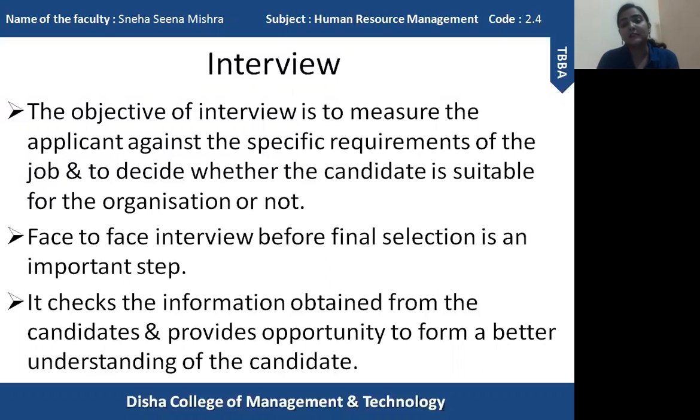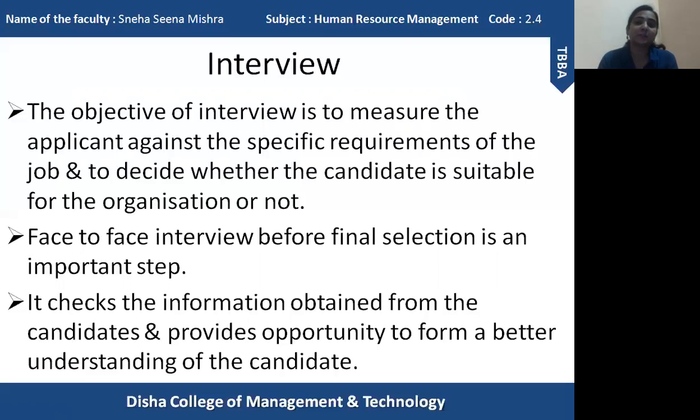So how does this interview process take place? This is basically a face-to-face conversation between the interviewer who is taking the interview and the interviewee, the person or the candidate who has applied for the job, who is giving an interview. So a question answer session will carry on between the interviewer and the interviewee.